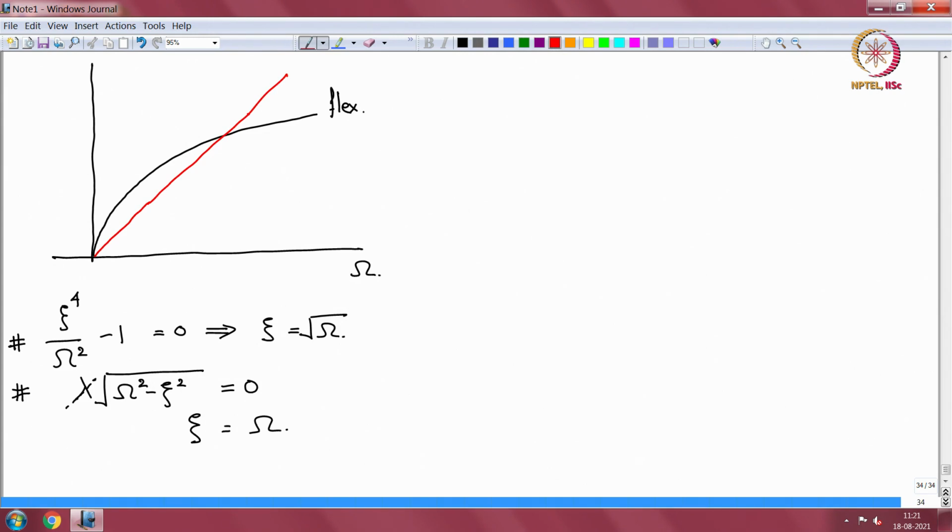And lastly, we have tan of lambda square root of omega square minus xi square equal to 0.